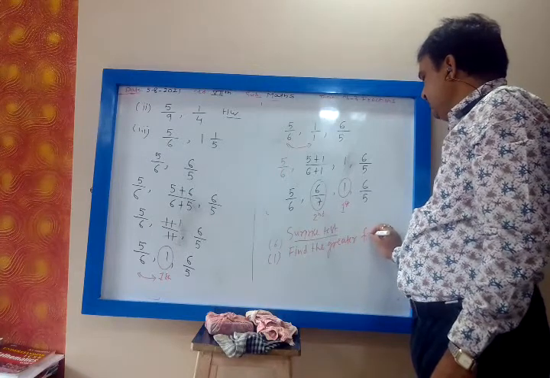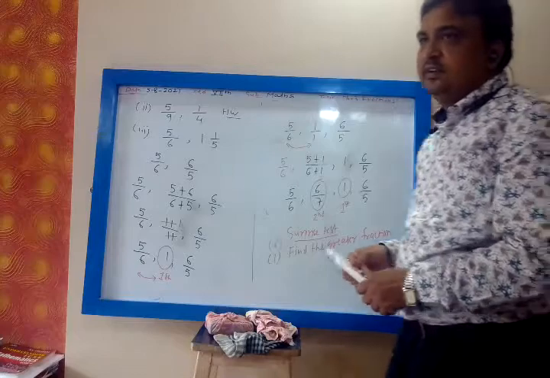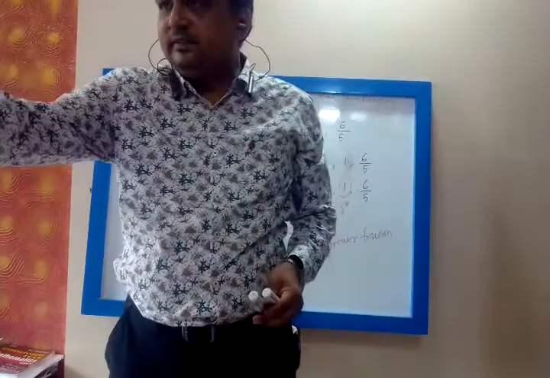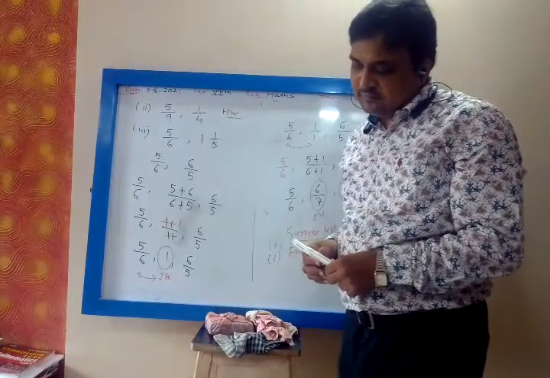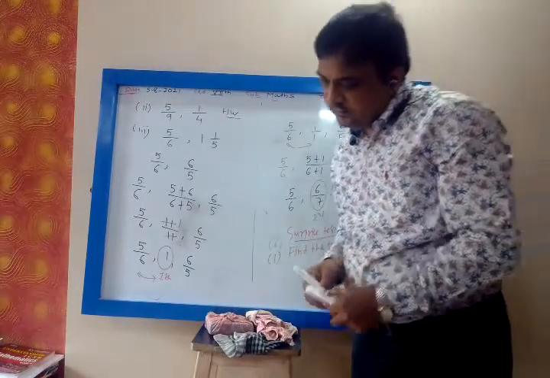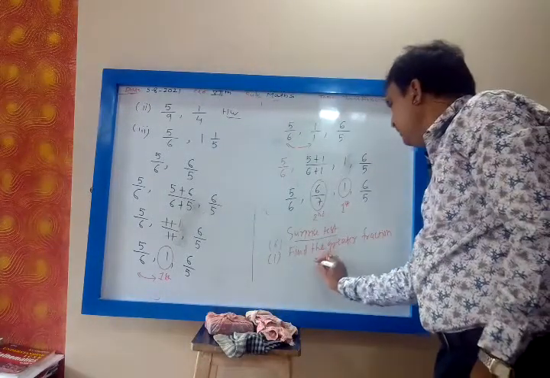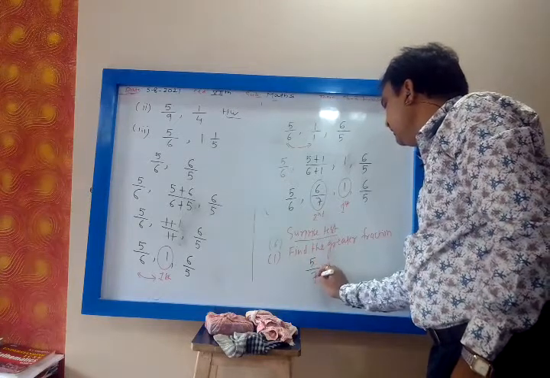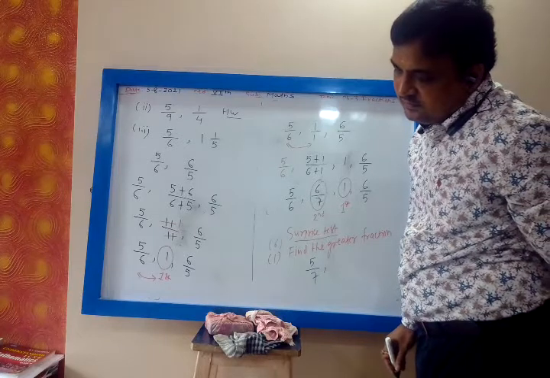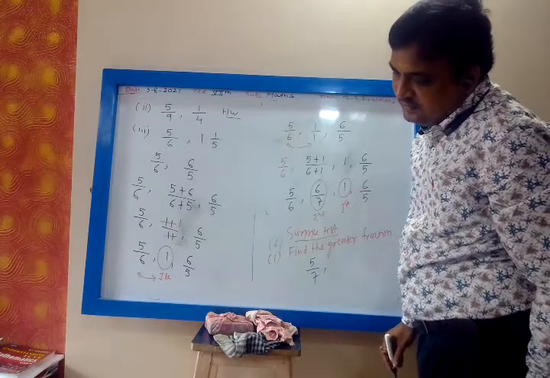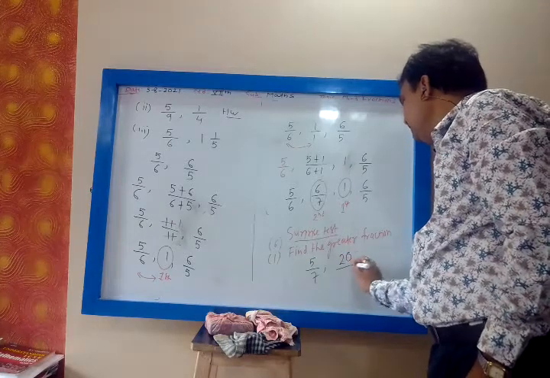Find the greater fraction: 5 by 7, comma, 20 by 21.